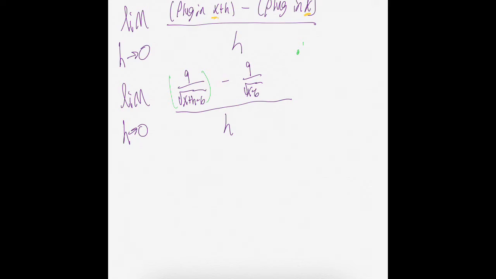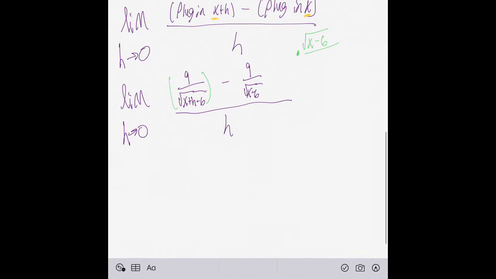Good Lord. So what I'm going to do is get a common denominator here. The way that I'm going to do that, I'm going to multiply that fraction on the left by root x minus 6 over root x minus 6.